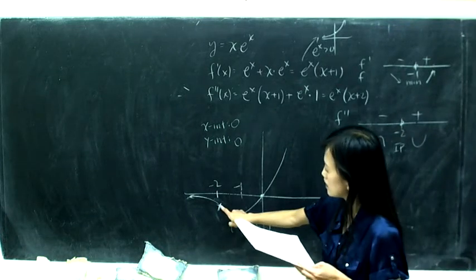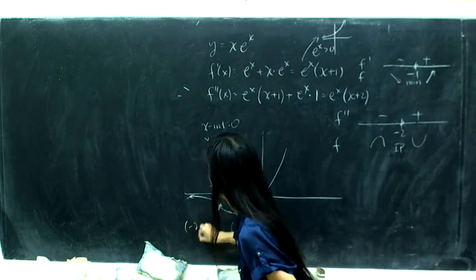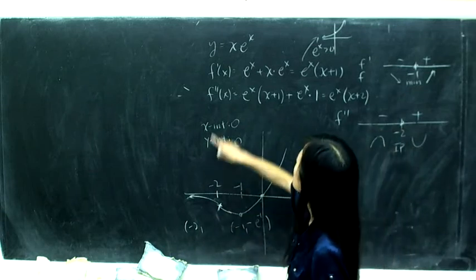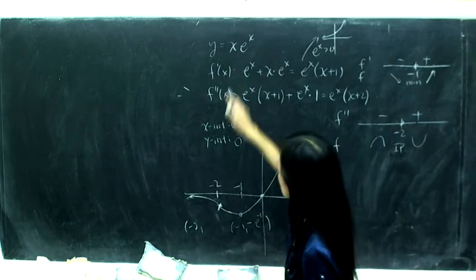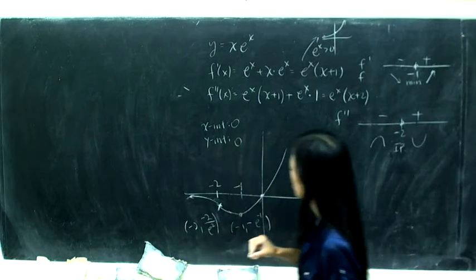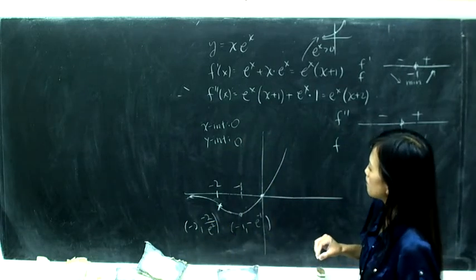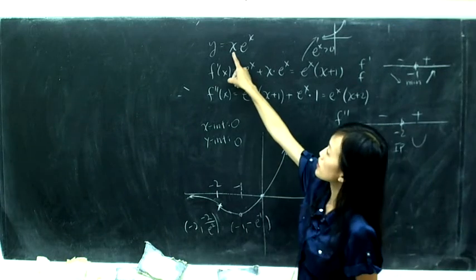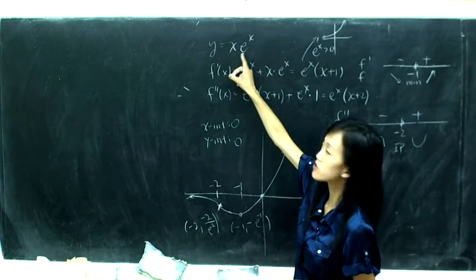And then the other one over here is -2. Does she want you to label every single point? Yes. Okay, so for -2, you sub in there, so it'd be -2 e to the -2, which is -2 over e squared. Yeah, that's it. And then if you sub on this side, it just gets bigger and bigger. If you sub positive numbers, it goes to infinity.